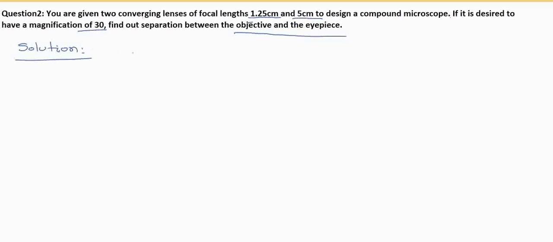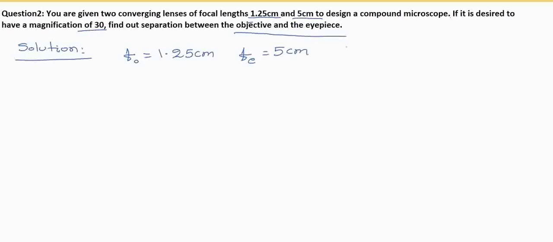The focal lengths of the two converging lenses are given, 1.25 centimeter and 5 centimeter. It is not mentioned which of the two is the objective, but we know that the focal length of the objective is less than that of the eyepiece. So FO must be 1.25 centimeter and FE must be 5 centimeter.